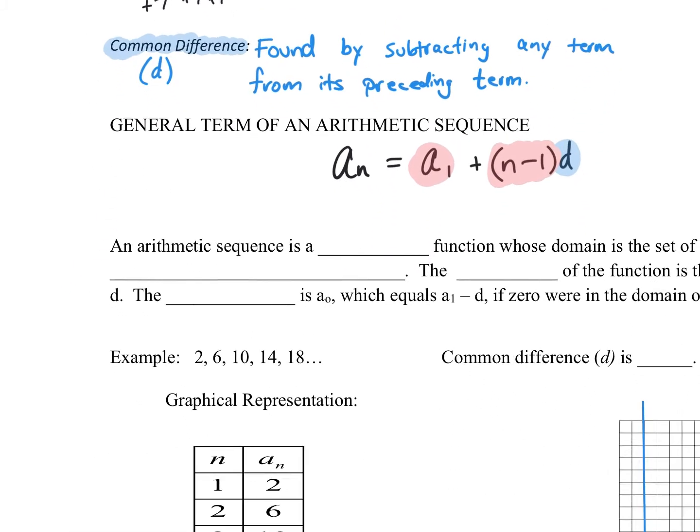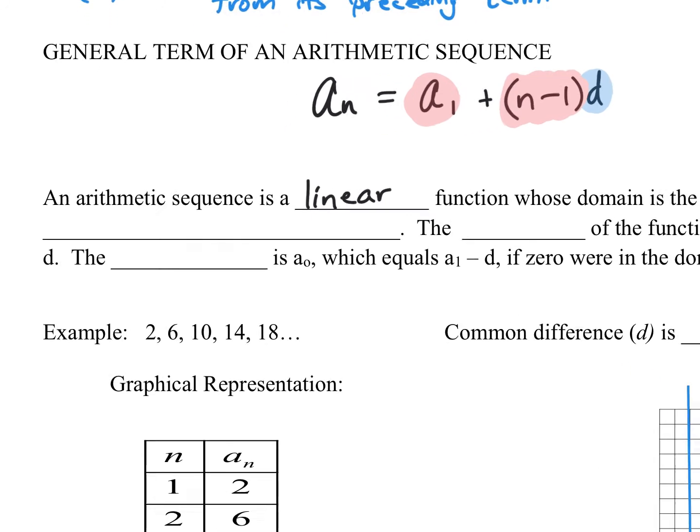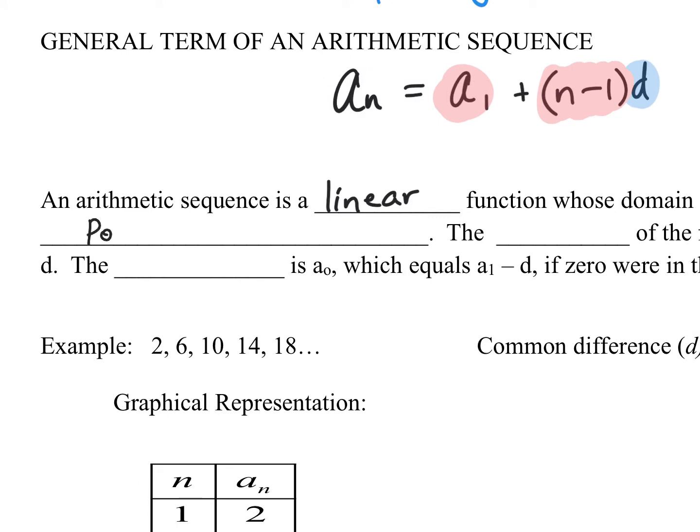A little bit more vocab here. An arithmetic sequence is a linear function. If it feels like it is that easy, I agree. It is just a linear function whose domain is the set of positive numbers.